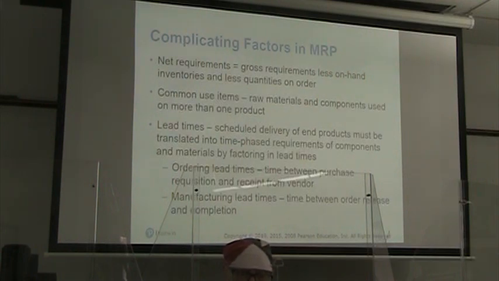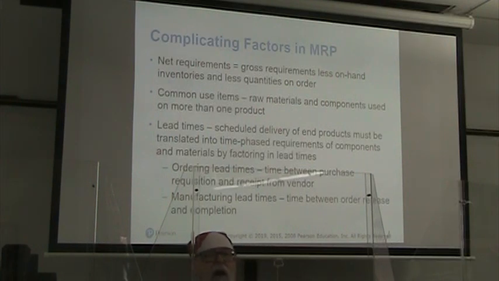Some factors that can complicate our material requirements planning. Our net requirements is going to equal our gross requirements less the on-hand inventory and less quantities on order.